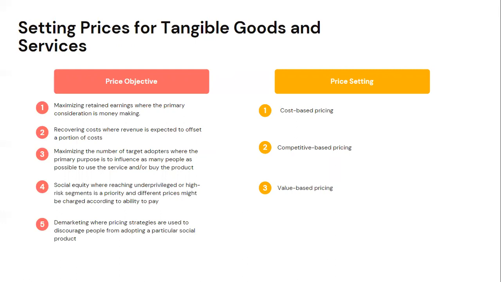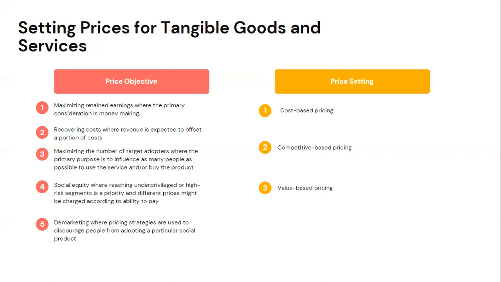That's the reason why it's important for us to set the price objective properly, and agree on what the objectives of the campaign are, and then that's the time that we can set the price.